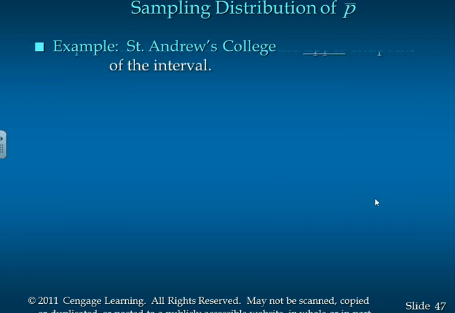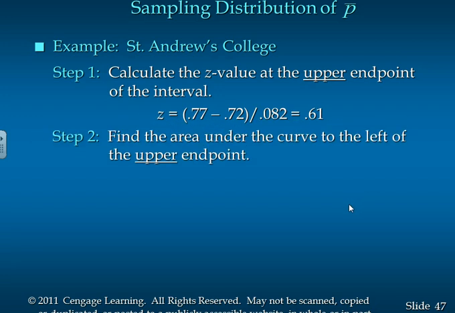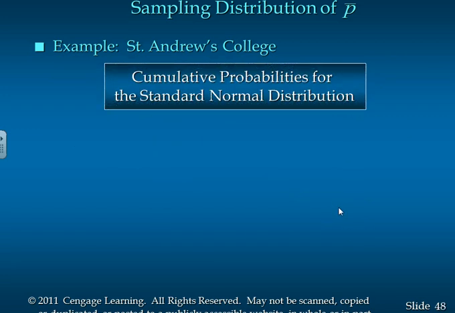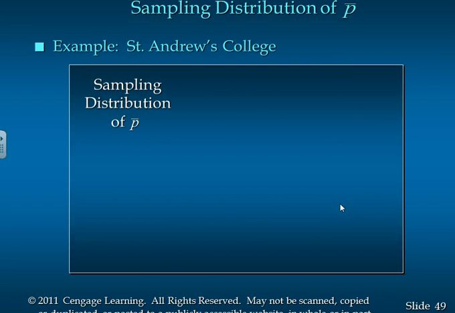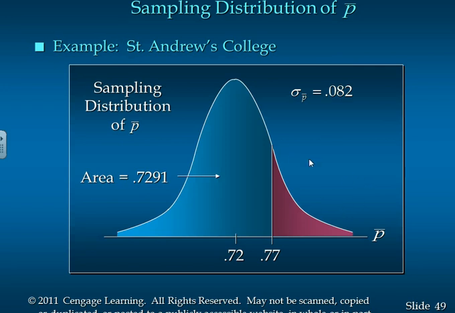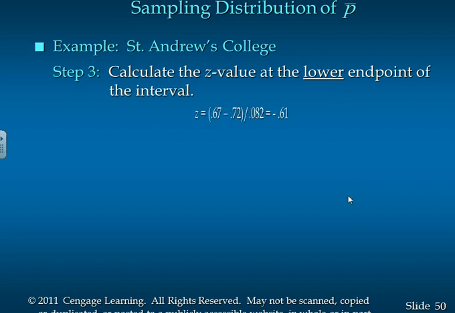So we found the upper z value, and now we find the area under the curve to the left of the upper z value, and that gives us a probability off our z chart. Then we calculate the lower z value.